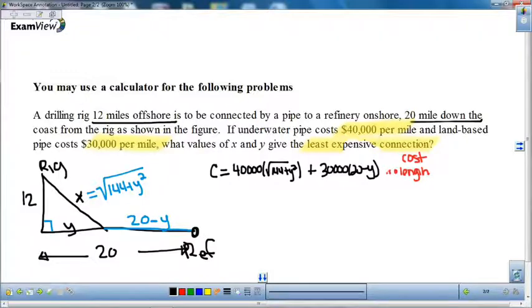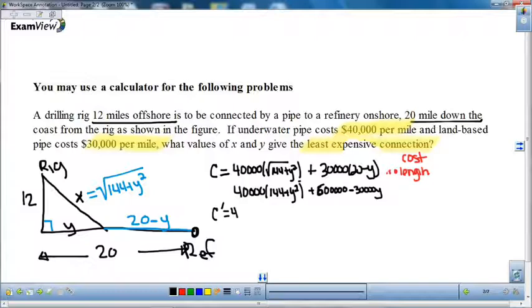So I'm going to have to take the derivative of this. Let me simplify this a little bit. So I'm going to go ahead and take the derivative.